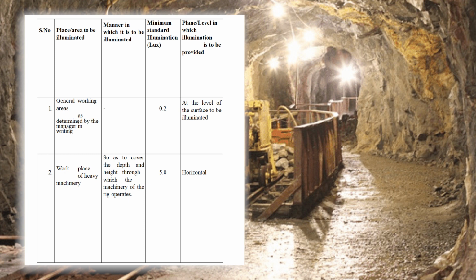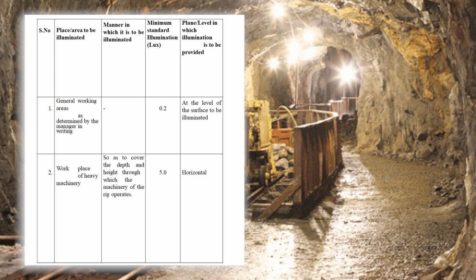So, the first one, place, is general working area as determined by the manager in writing. The minimum standard illumination is 0.2 lux and the level or plane is at the level of the surface to be illuminated. Second is workplace of heavy machinery.